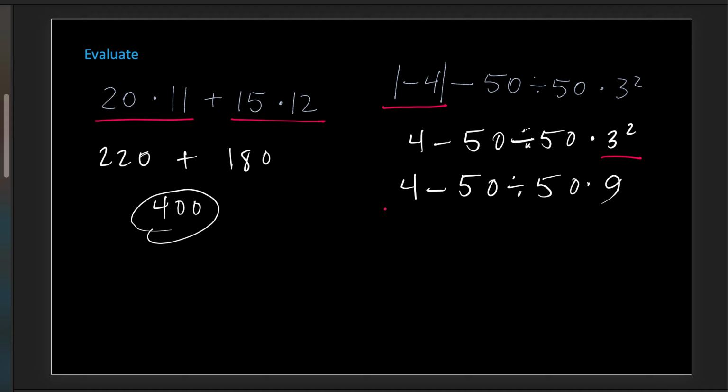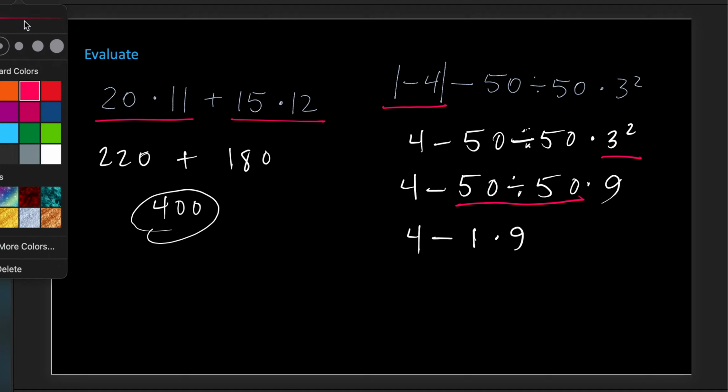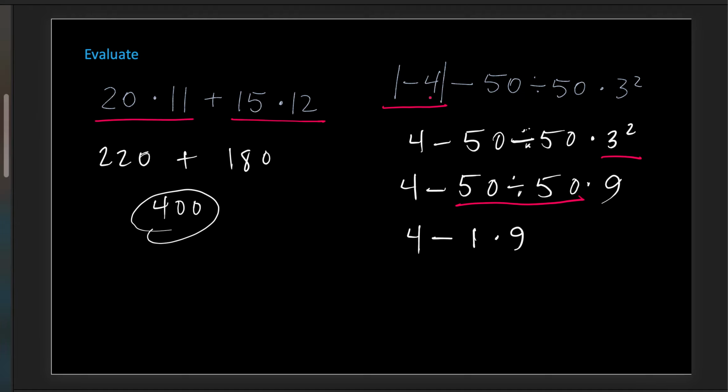Subtraction definitely comes last. Multiplication and division from left to right. So we do this part next. Now we're going to write down what this expression looks like. The 4 comes down, the minus sign, 50 divided by 50 is 1, and then times 9. That's what our expression looks like now. So what do we do next? The multiplication.